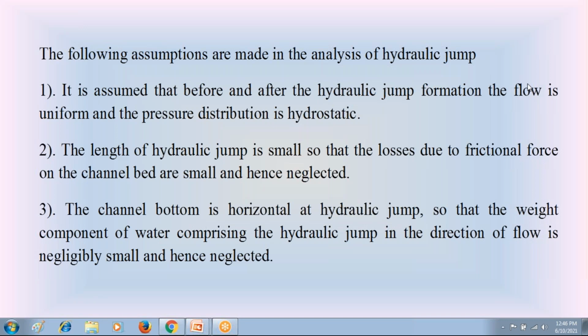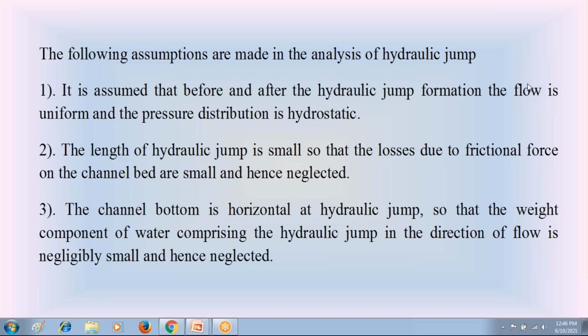That is the length of hydraulic jump in the open channel. If it is a spillway, the hydraulic jump is 100 to 250 meters. If it is a sluice gate, it is not more than 5 meters, not even 5 meters. So the second assumption, we assume the length of the hydraulic jump is small.